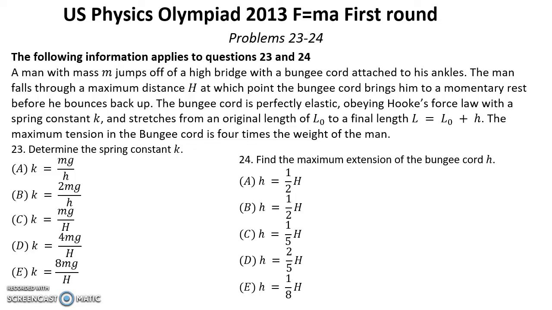Solution. Let's use information from this condition. First, we can write the equation for energy conservation. When the man traveled height big H down, he used potential energy mgH, and this potential energy turned to potential energy of the stretched spring, which is 1/2 k h small squared.